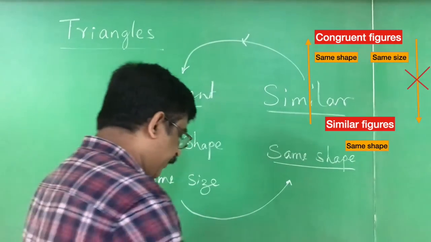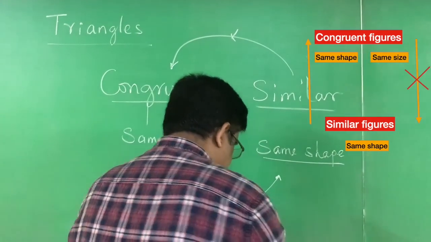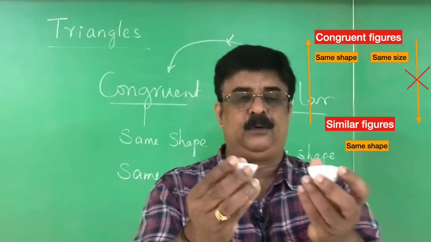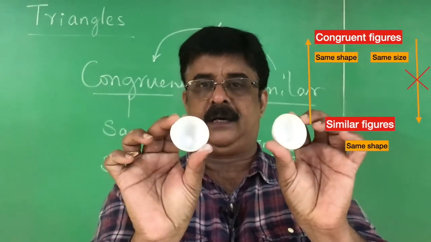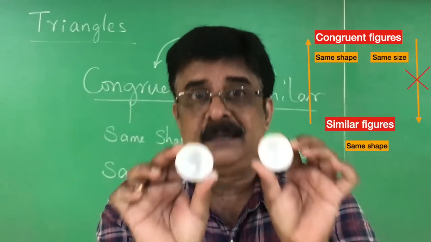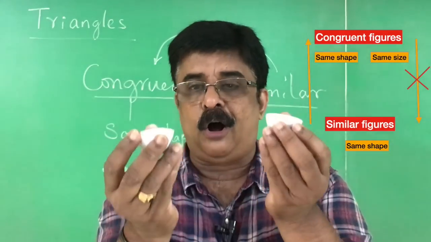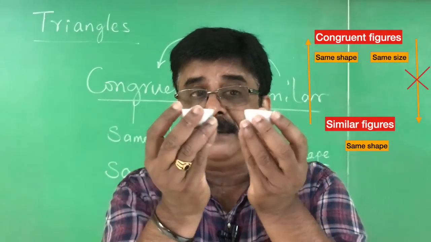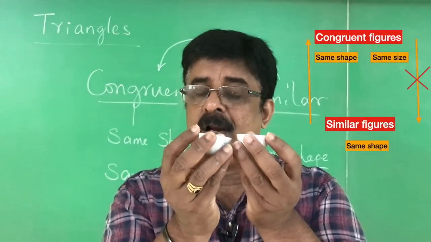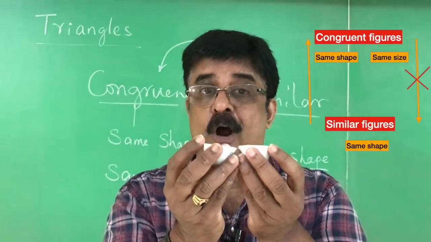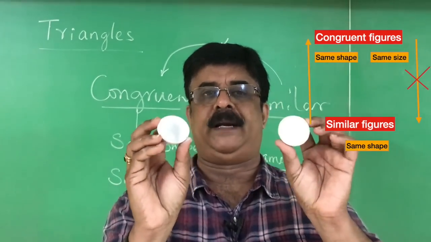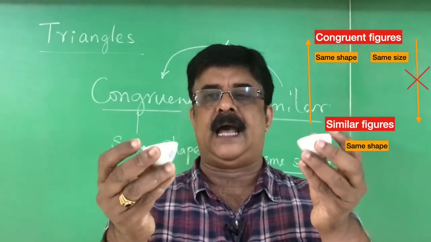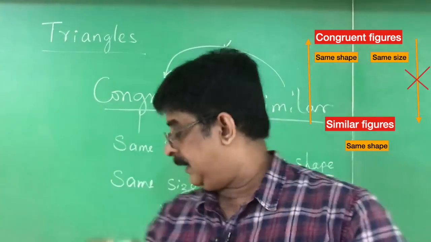See here, if I show these two, I ask you a question. Are they congruent? They are congruent. Are they similar? They are similar. Because all congruent figures are similar figures, but all similar figures are not congruent figures. Therefore, whenever I mention two geometrical figures are congruent, they are both congruent and similar.